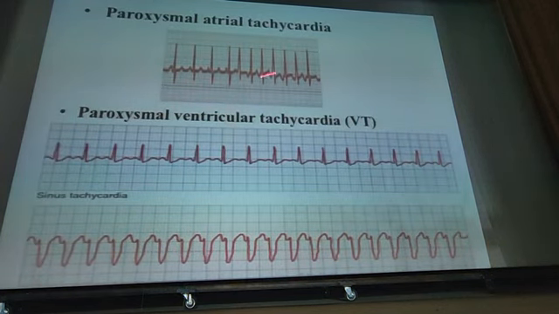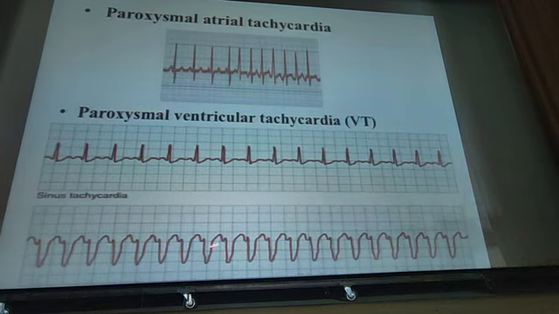Here I have paroxysmal atrial tachycardia, with a rapid rate. How do you notice it is atrial, not ventricular? In ventricular tachycardia the QRS becomes wide. This is one of the dangerous situations; as we said, if not treated it becomes ventricular fibrillation, which could cause death.